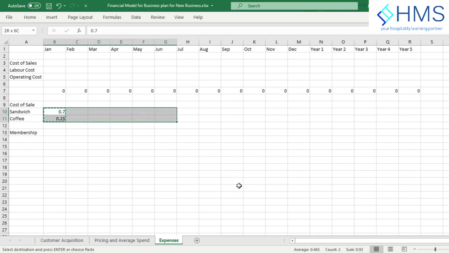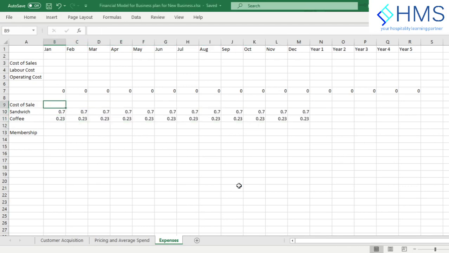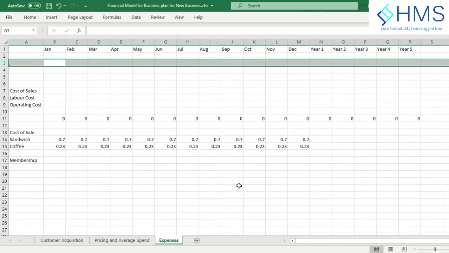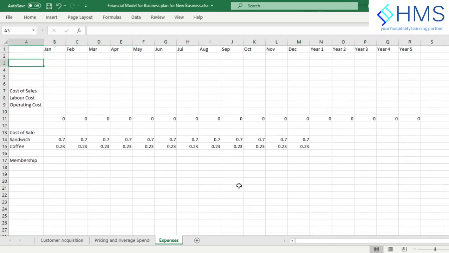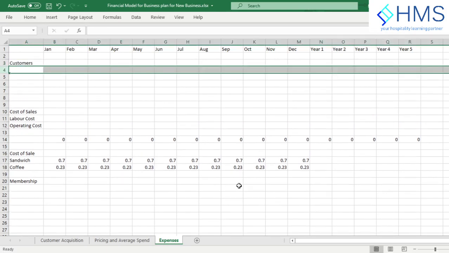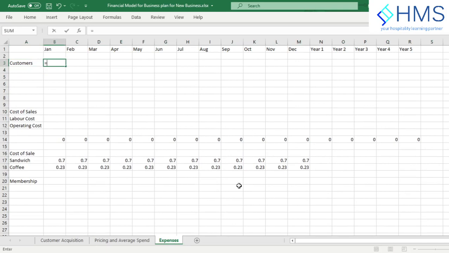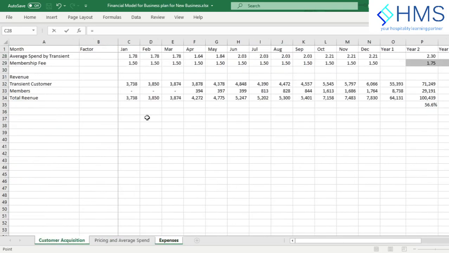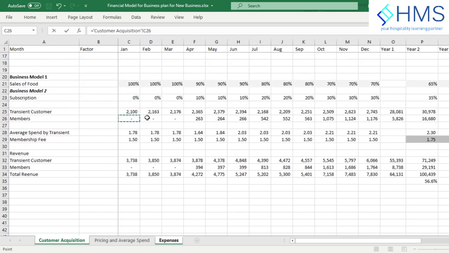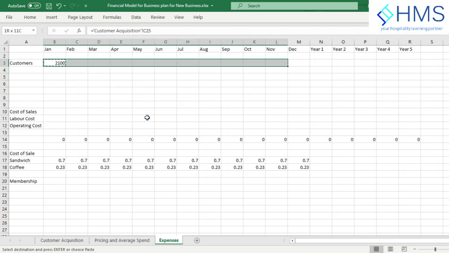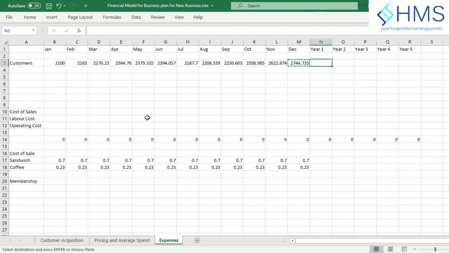We are going to do it by month again. Another thing I forgot to add is the key factors. We should add the number of customers, so the total number of customers in the customer acquisition, which we can see is going to be 2100, and then year 4 is going to be this.